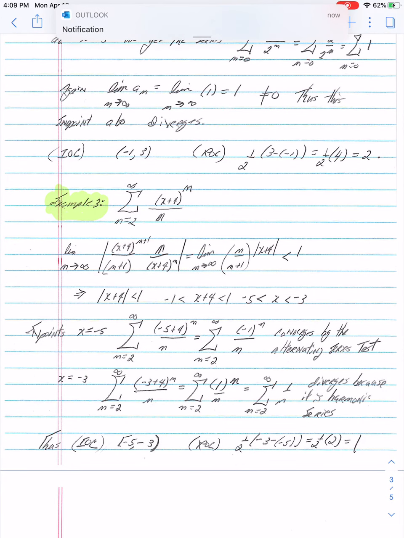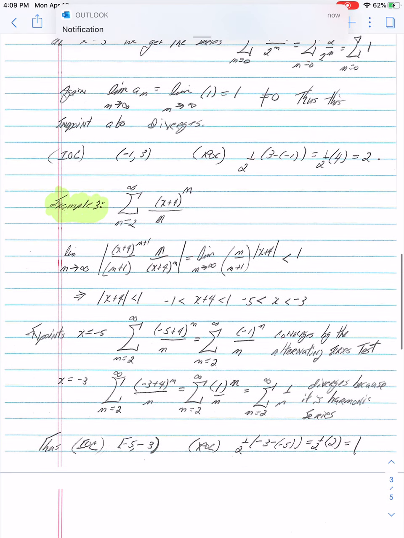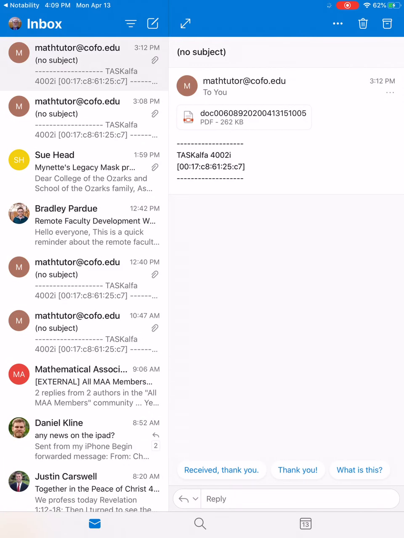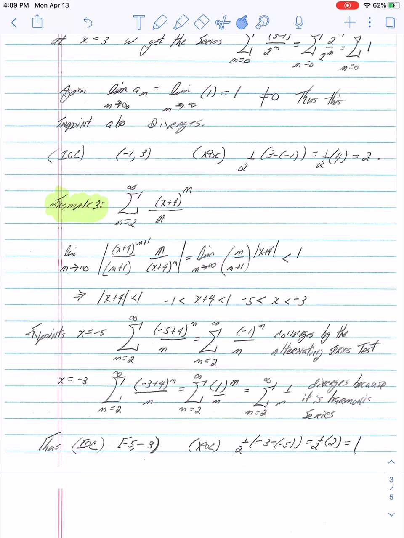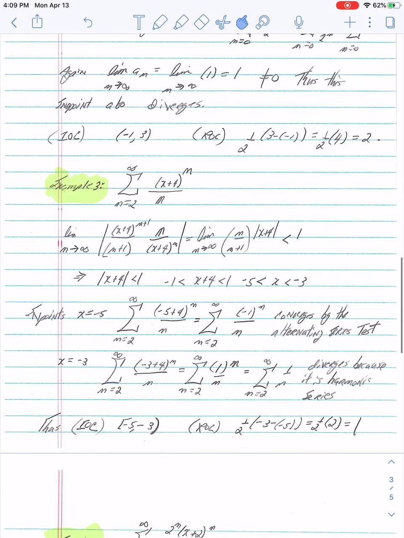Let's look at the next example. The next example is the summation n running from 2 to infinity of x plus 4 to the n over n, right?